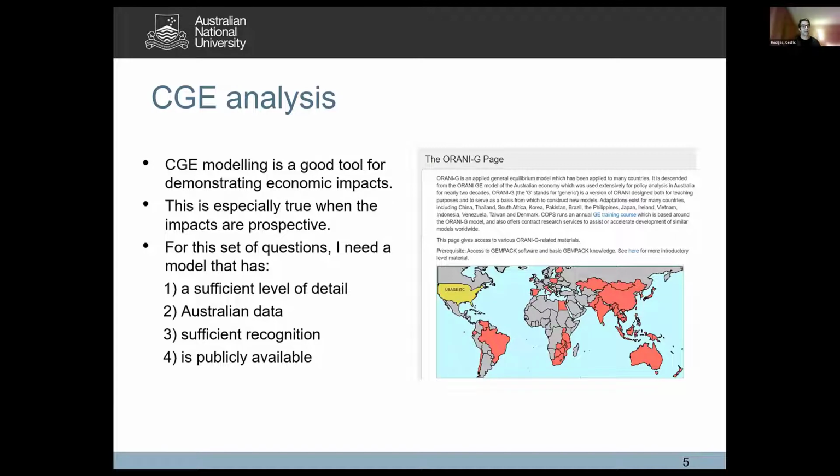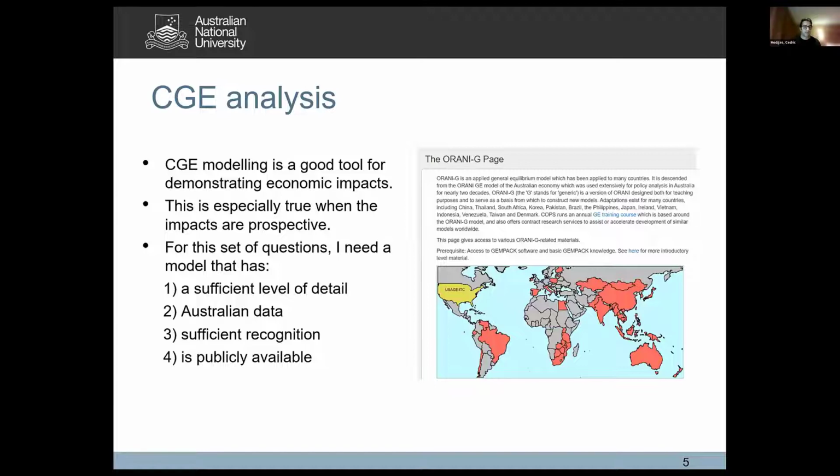And the key reason for that, obviously, is I needed a model which had those four key characteristics. I needed a sufficient level of detail, so I couldn't use a toy model, or I could, but you would then not have much information to give policymakers. I needed something based on Australian data, given my questions about Australia.